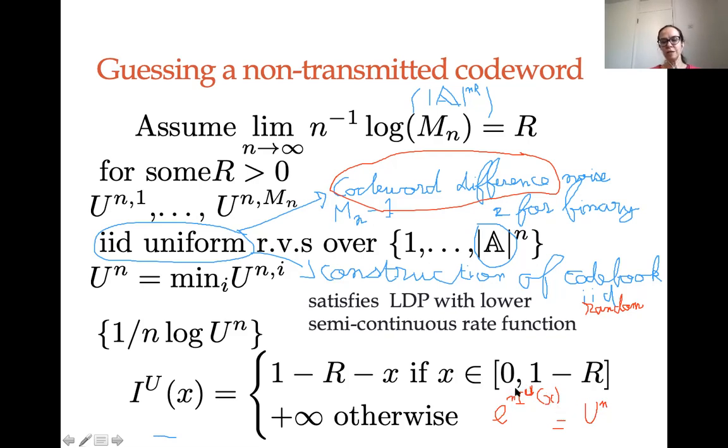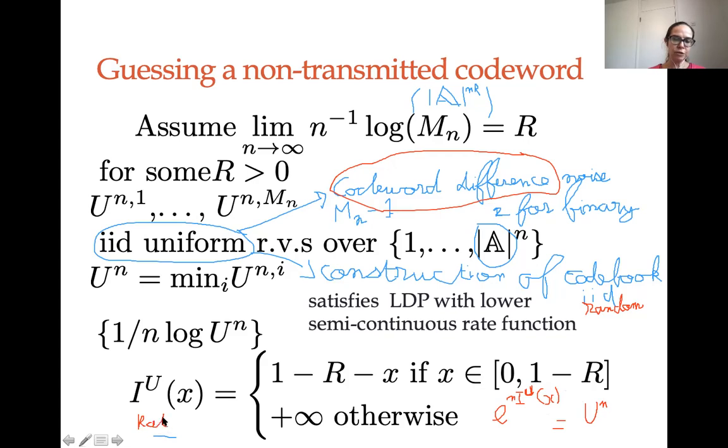So you can see why this is the rate. This is showing me how this U of n is growing with n, as weighted by this I_U of x. So this is why the I_U of x is a rate.